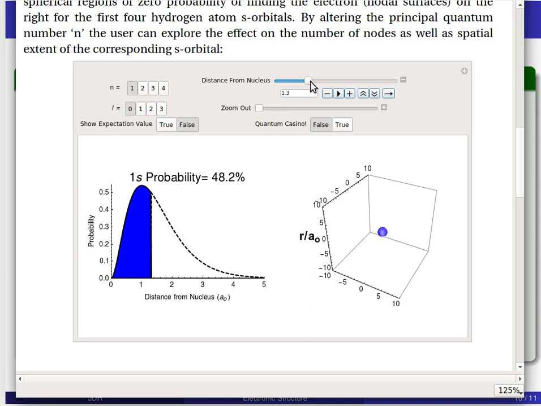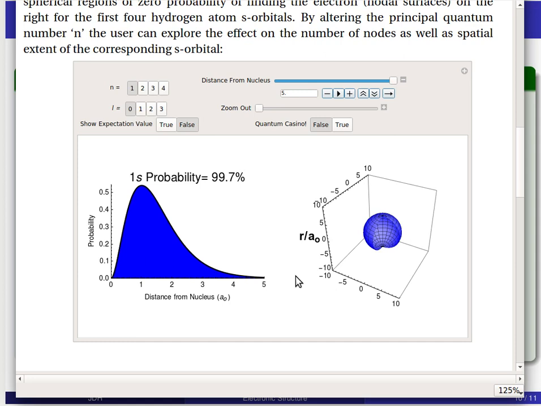And so if I increase the distance from the nucleus, notice the size of that sphere is getting larger, and the probability of finding the electron in the corresponding region of space is getting higher. And we can see once we go out to about 5 Bohr radii, we're capturing 99.7% of the time you're going to find the electron in this region.